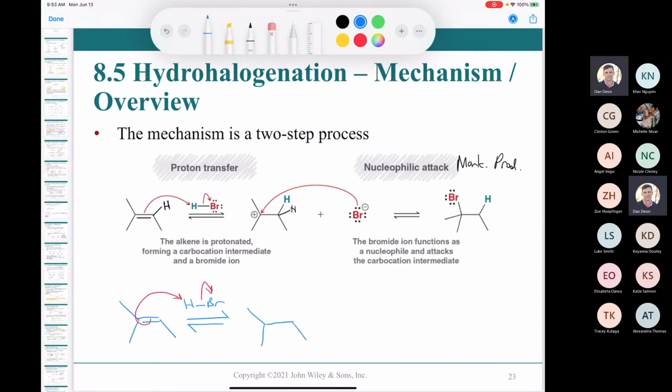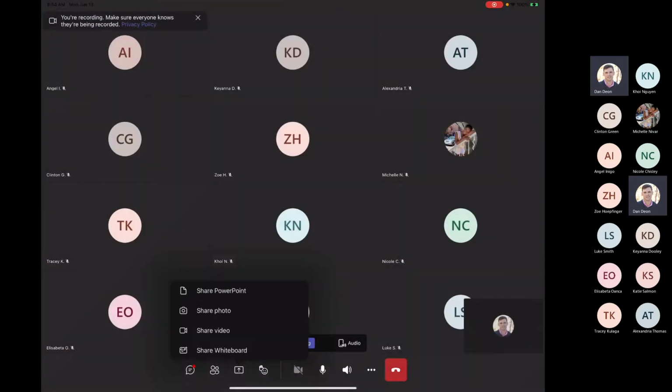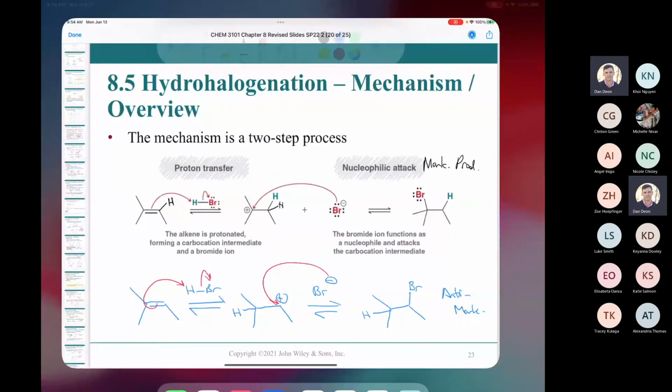We'd get this, where the hydrogen would be added here, and we'd have a carbocation here. Then the bromide could come in as a nucleophile and attack the carbocation, which would give us this compound, where we have the bromine here and the hydrogen over here. So this is anti-Markovnikov. Could anybody tell me what the problem is, or why the anti-Markovnikov is not going to be the major product based off of this mechanism? Does anybody notice something that's different between the two of these? A major difference?